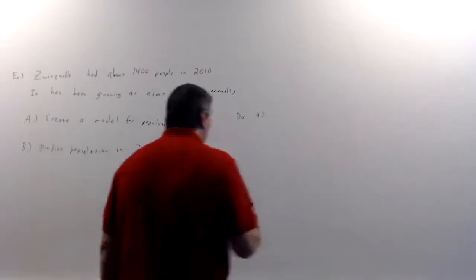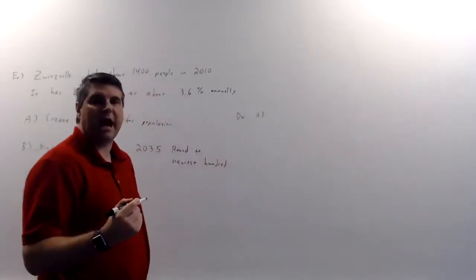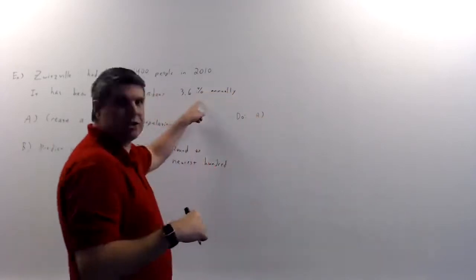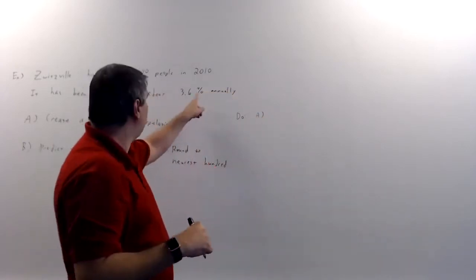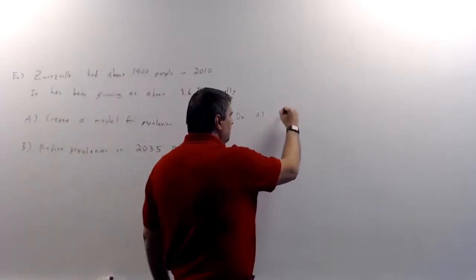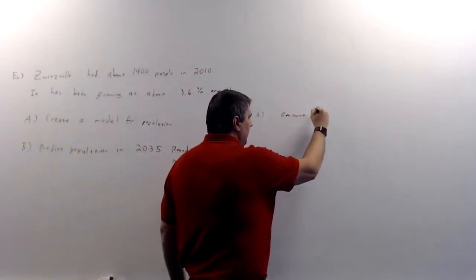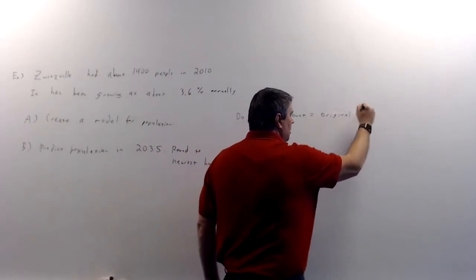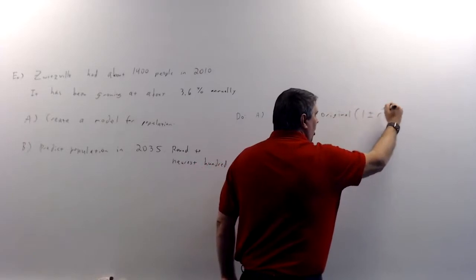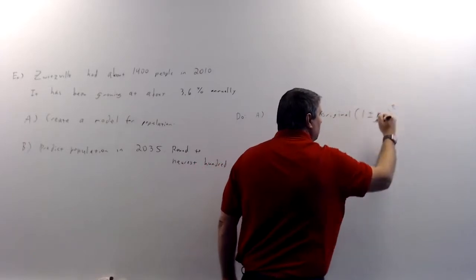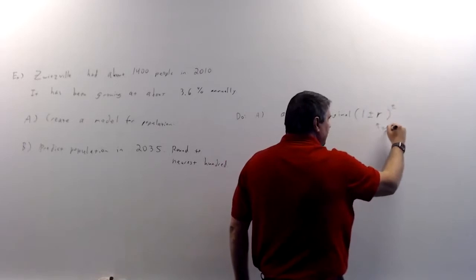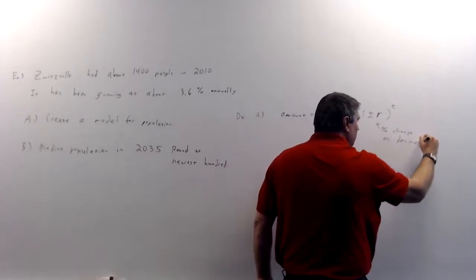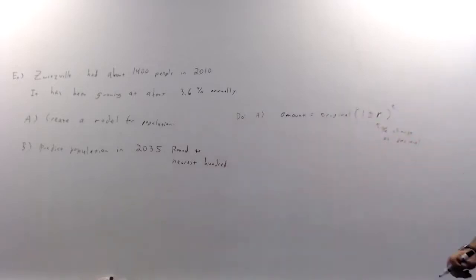Okay? So before we do, here's the idea. Exponential models are based on the assumption of a percent growth or percent increase. So, amount equals original times 1 plus or minus r to the power, where r is the percent change as a decimal.